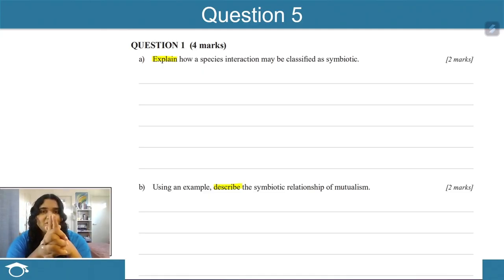A good indication of how many points of information you need to include in your answer can be found in the number of marks for the question. So this is a 2-mark question, part A. You need to be giving 2 separate details about what specifically makes a symbiotic relationship or how symbiotic relationships are classified.